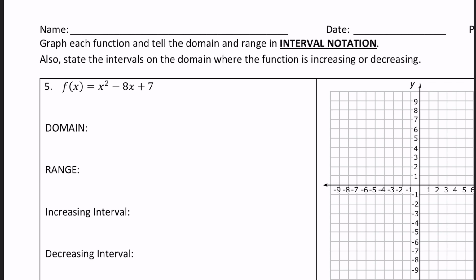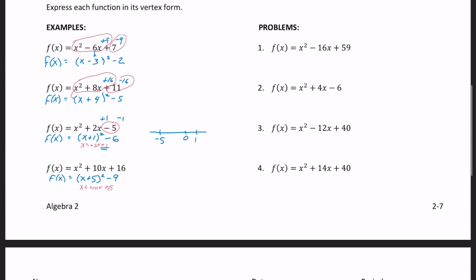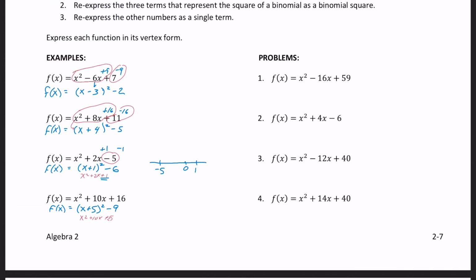So these 4 problems here will be just like the ones beside it. You can use the zero method where you add and subtract, or if you're comfortable with that Goldilocks method, you can do the little Goldilocks method.